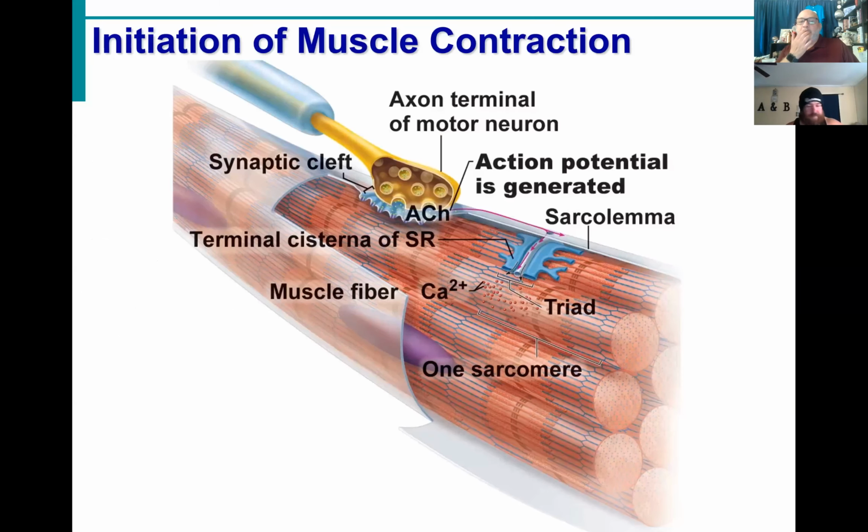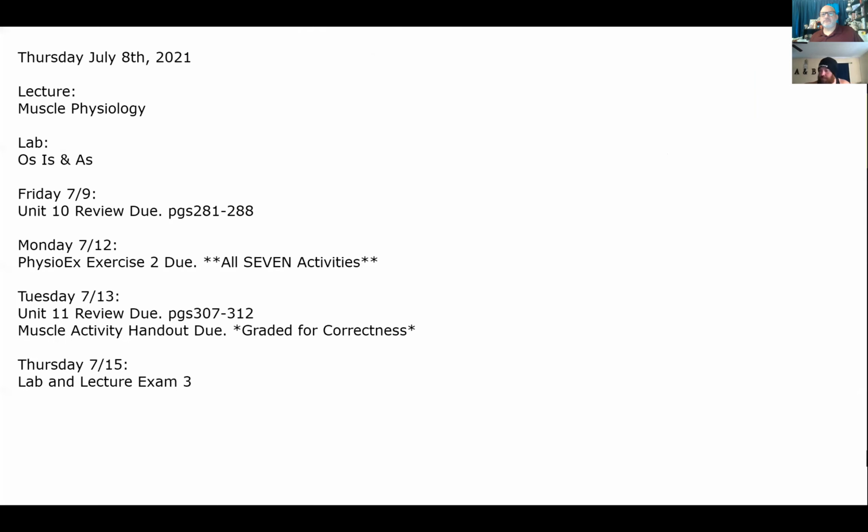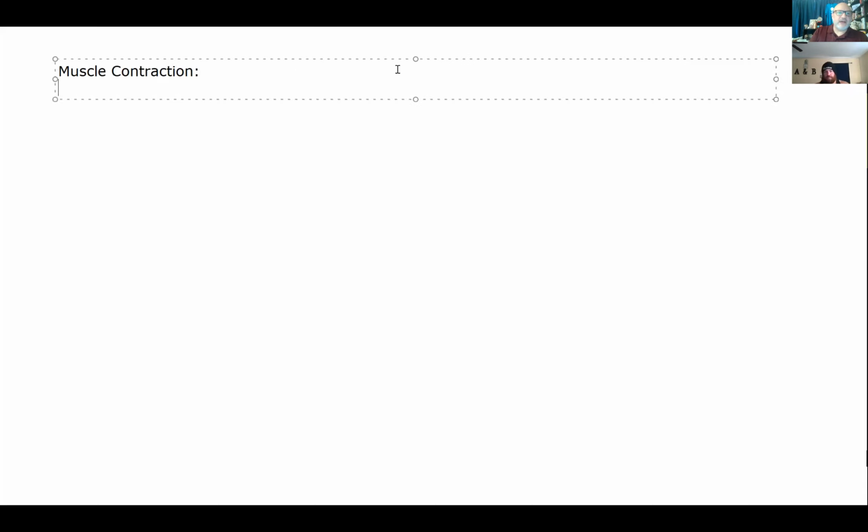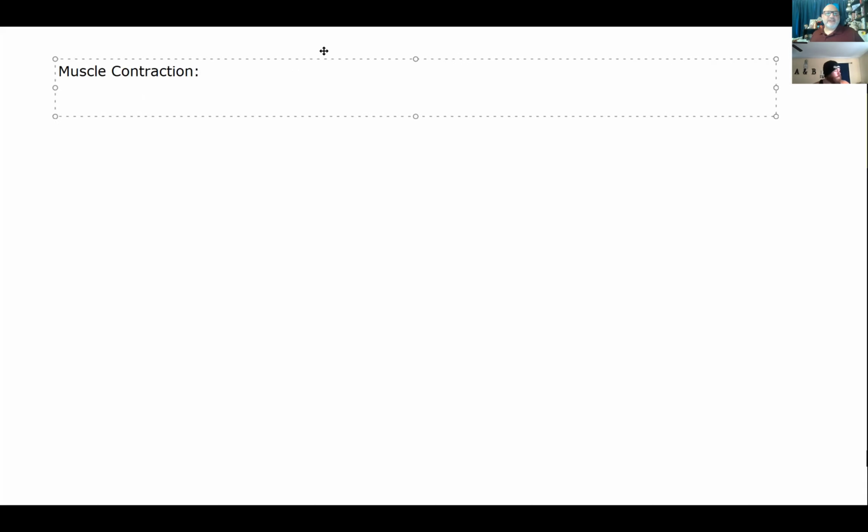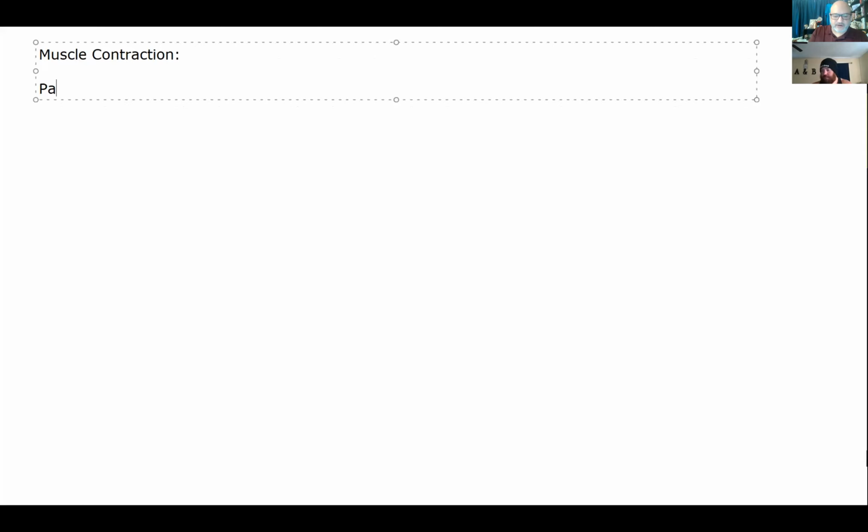We have been working our way, and actually, let's go back to the whiteboard. We have been working our way through a muscle contraction. Excellent. And last class, we did part 1 of that muscle contraction.